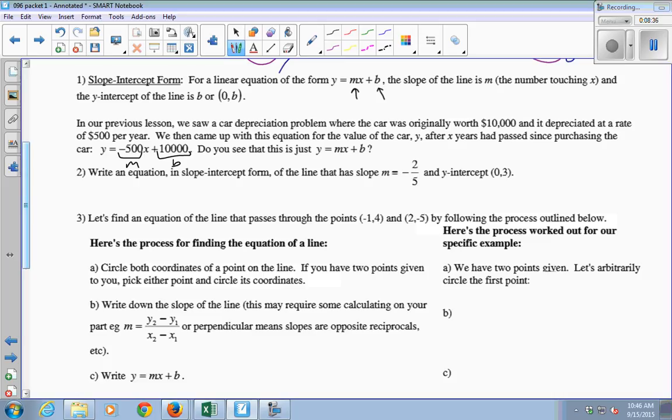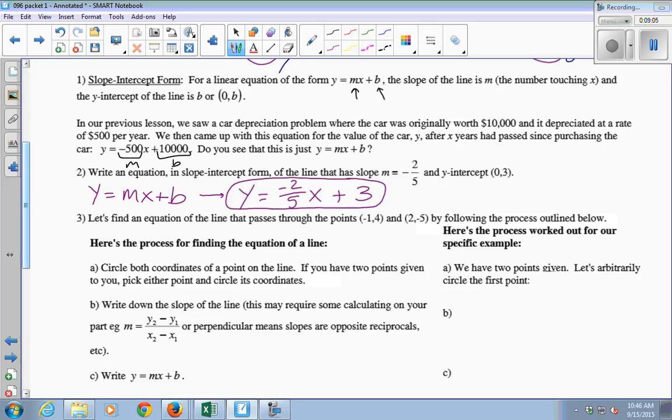Now I'm going to write an equation in slope-intercept form of the line that has a slope of -2/5 and a y-intercept of (0, 3). Slope-intercept form is y = mx + b. I'm going to replace the m and the b with the information they gave me, and I get y = -2/5 x + 3.